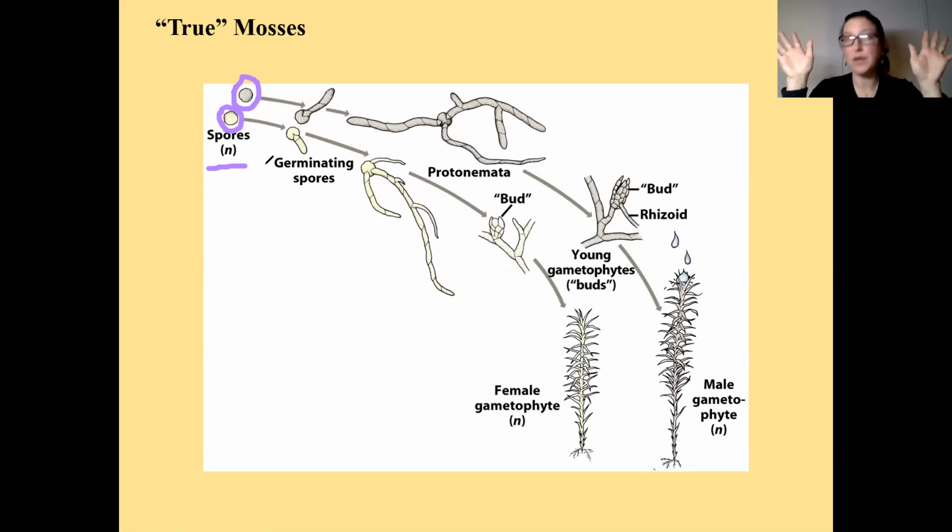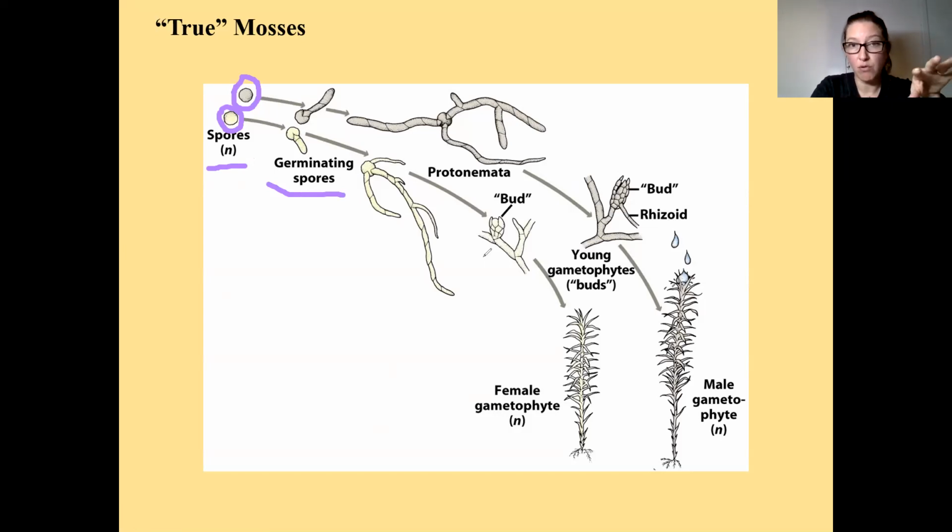Those spores have already been released from the capsule. They're flown on the wind. They've landed somewhere, and now they're going to grow. When we think grow, we think mitosis and cytokinesis. So via mitosis and cytokinesis, these spores are going to grow, right? Or germinate. And then look, here you go.